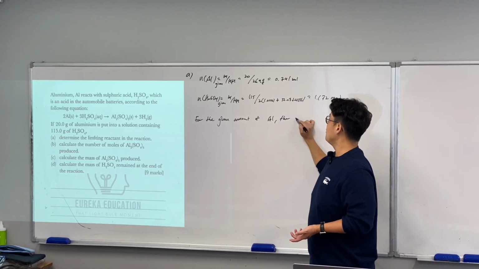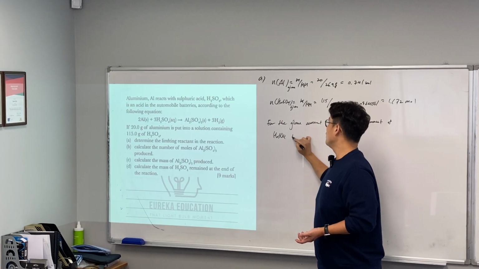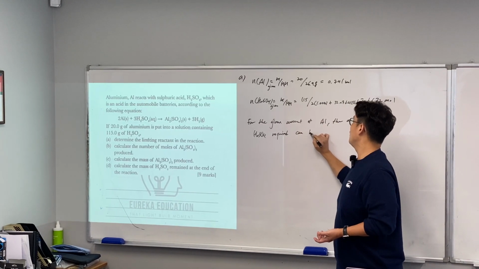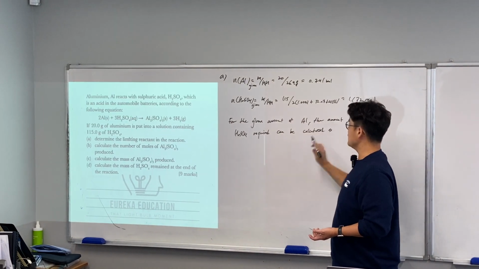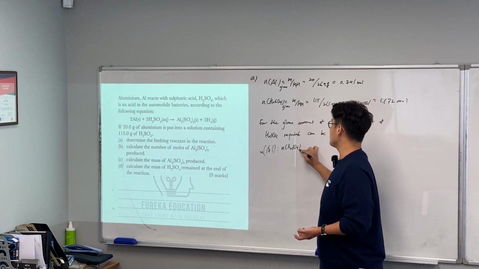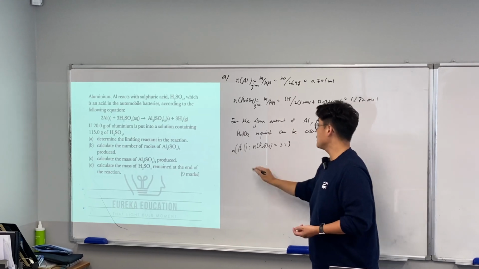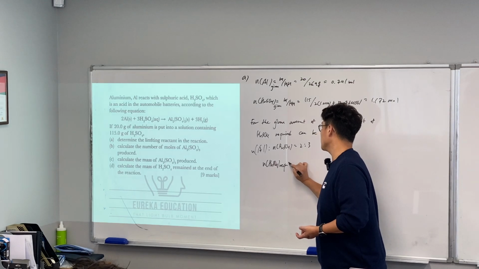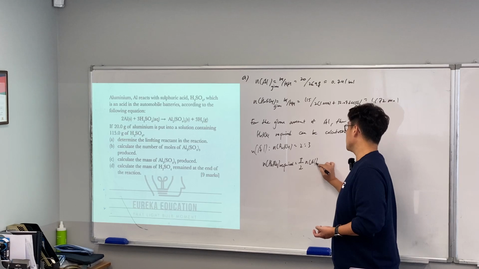Okay, the amount of the H2SO4 required can be calculated as, first of all, use the ratio between the reactants, the aluminium and sulfuric acid, so that would be 2 to 3. Having that, n of the H2SO4 required would be what? 3 on 2 of the n of the aluminium given.